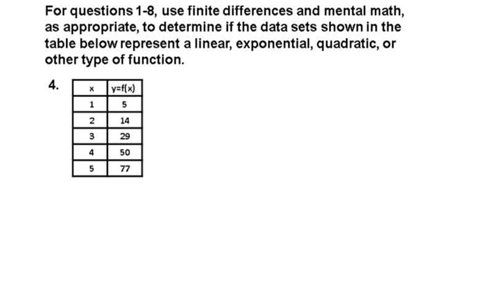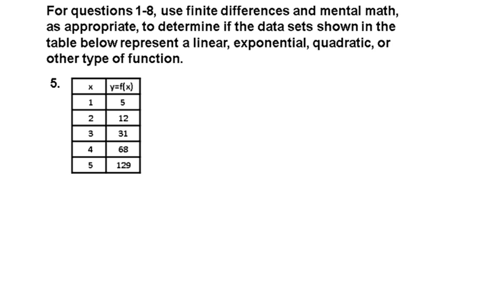Okay, next, 5. Use finite differences and mental math. Again, we are going up +1 on the left side. On the right side, we're going up 12 minus 5 is going to be +7. 31 minus 12 is going to be 19, is that right? 68 minus 31, that's going to be 37.